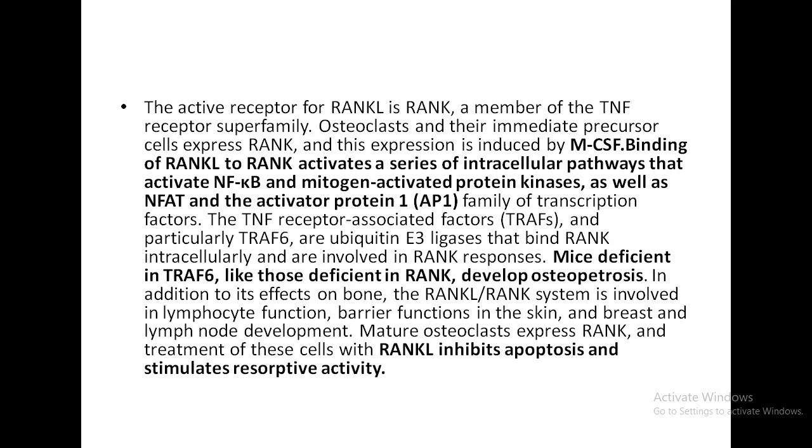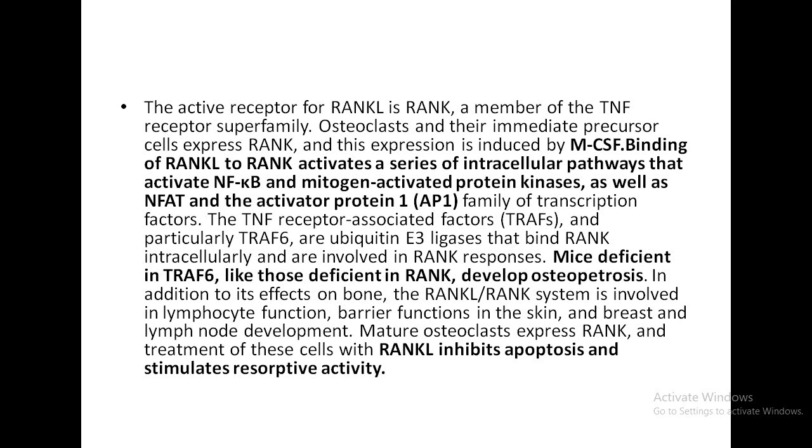The receptor for RANKL is RANK, as I've told you before. Osteoclasts express this RANK, and its expression is induced by MCSF.